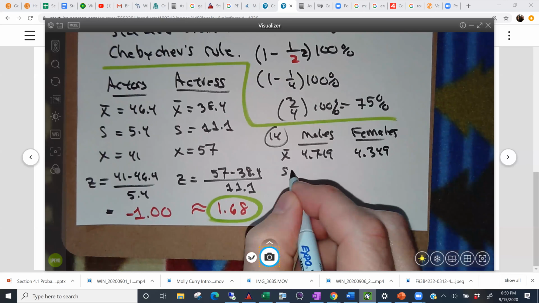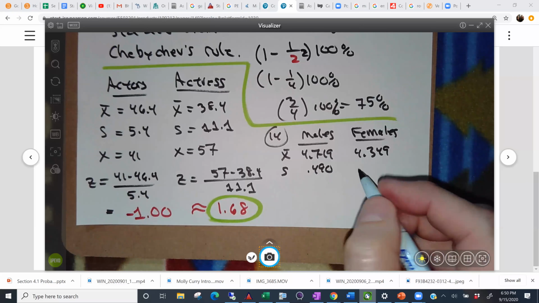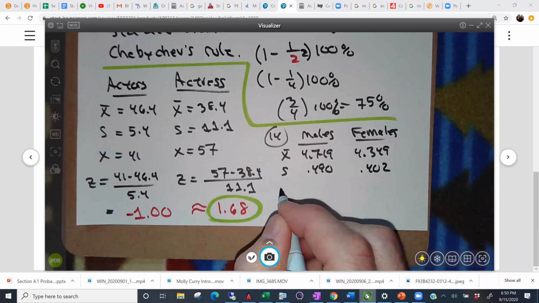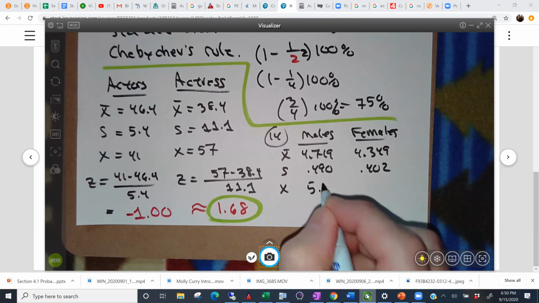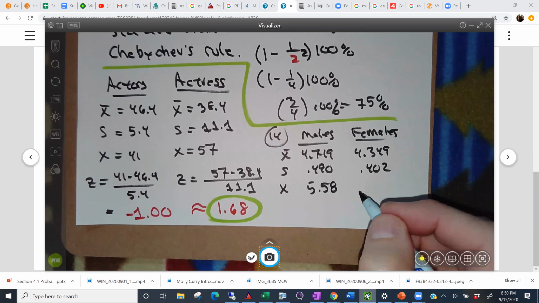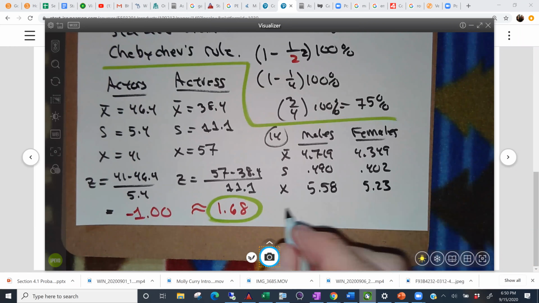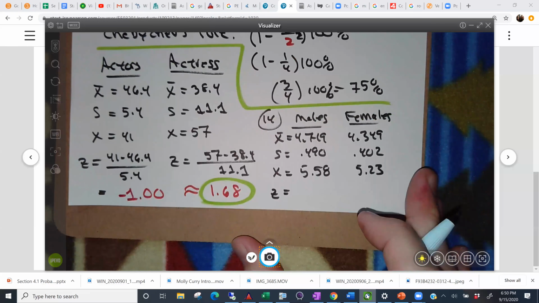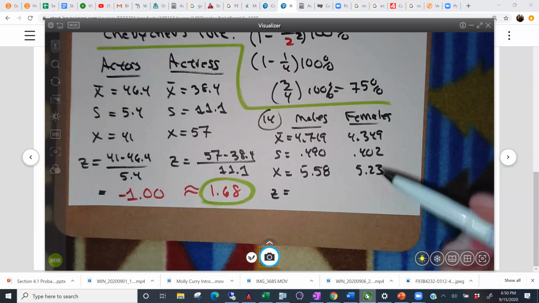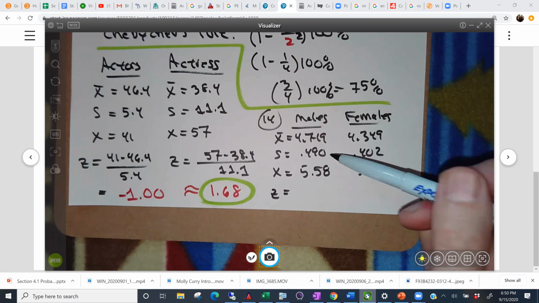Standard deviation was 0.490 and 0.402. The particular value we were working with was 5.58 for males and 5.23 for females. And so we want to calculate the z-score for each. So the z-score is going to be x minus x bar divided by sigma.